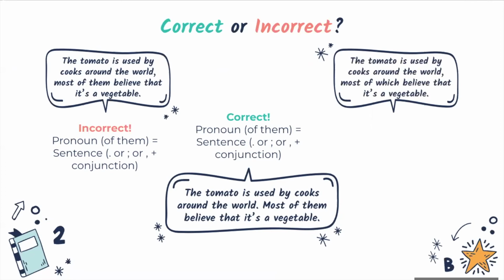Okay, and the last example here: the tomato is used by cooks around the world, most of which believe that it's a vegetable. This is correct because we have the complete sentence before the comma, and then you have most of which, and that's a fragment after the comma.